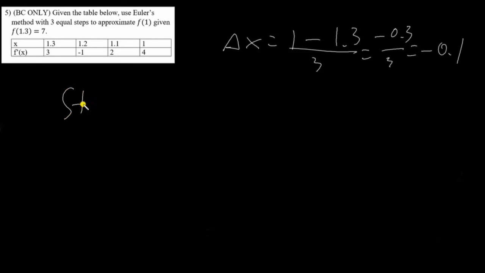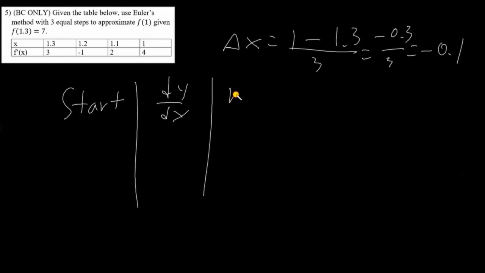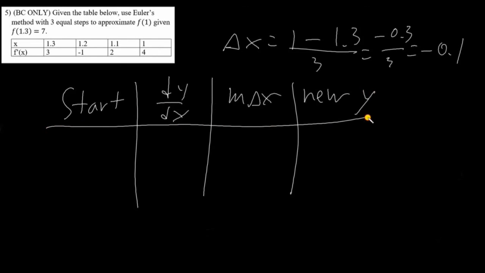So we have start, dy dx, m delta x, and new y. I can spell, I promise. So we're going to start with the point 1.3 comma 7.